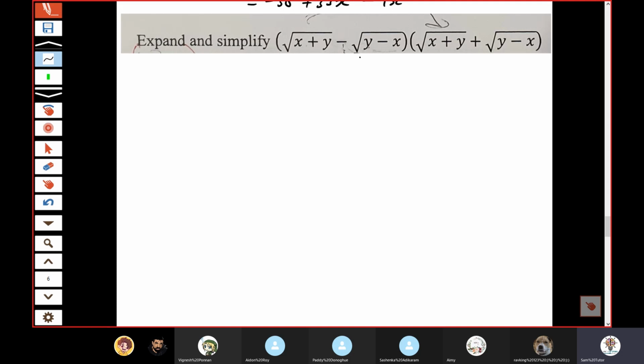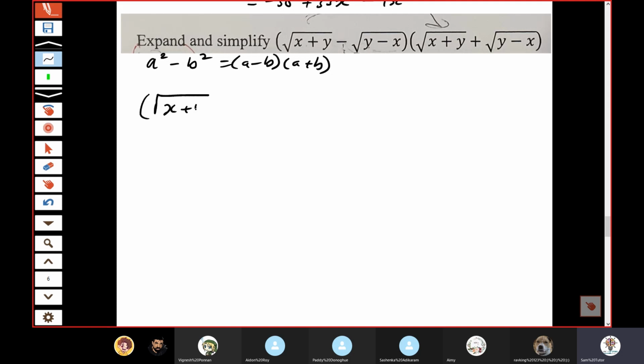Okay, this is a difference of 2 squares. Why? Because you can see they're exactly the same, except that's a minus and that's a plus. So difference of 2 squares should expand to essentially something like this. The first one squared minus the second one squared. That's your difference of 2 squares, right? So in this case, it's going to look like this.